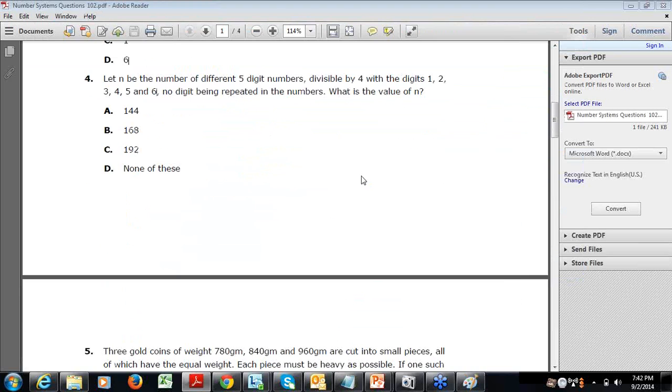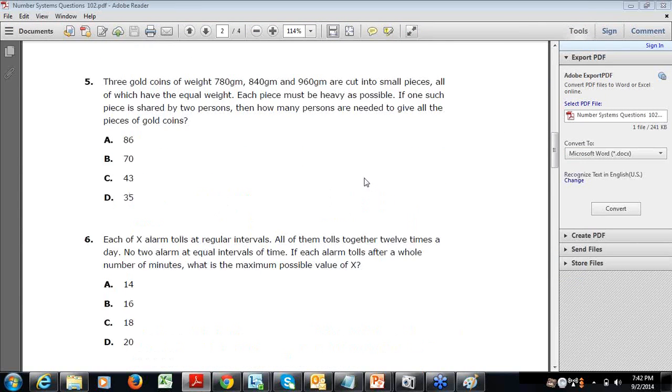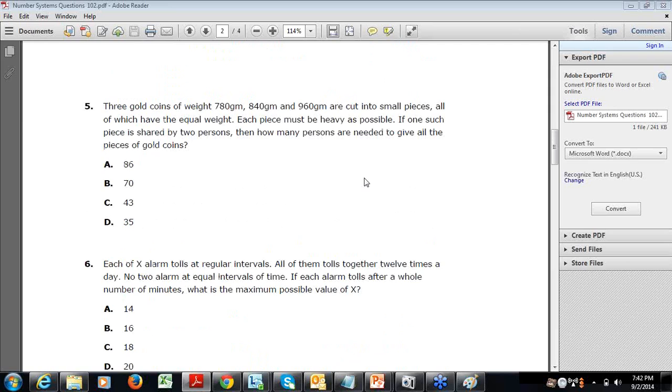Moving ahead to question number 4, 5 and 6. I'll give you 5 minutes again to solve these 3 questions. So we'll again review at 7:47.